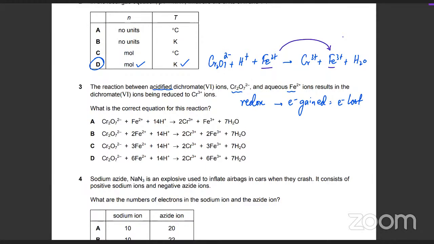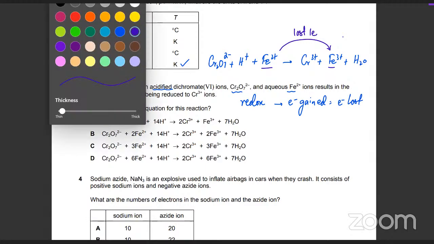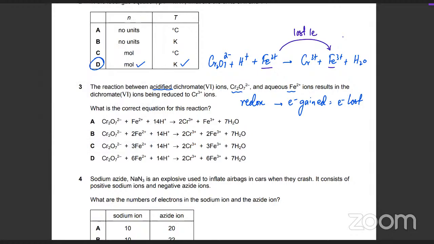It's going from Fe2+ to Fe3+, so that means it lost exactly 1 electron. Can someone tell me what is the oxidation state of Cr over here? In Cr2O7 2-, what is the oxidation state of Cr?